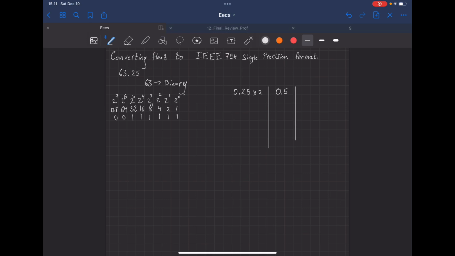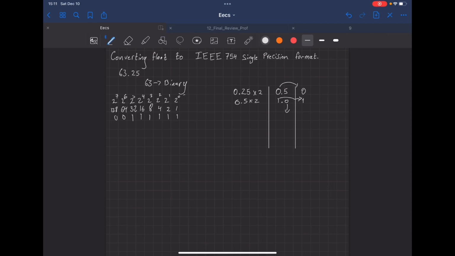You want to keep track of whatever digit is in the ones position. Here we have a 0, so we write a 0. Then we take 0.5 and multiply it by 2. When you multiply it by 2, you get 1.0, and since we have 0 left as the decimal, we stop here and take the 1 in the ones place.